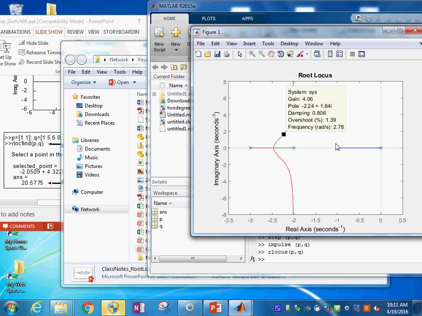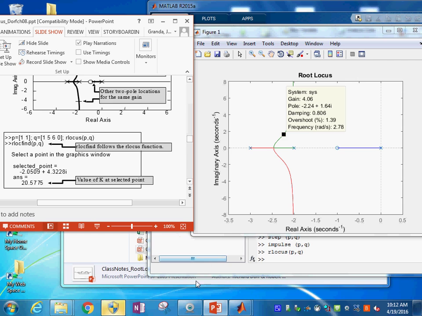So this is going to help you, and I encourage you to explore all the tools available in MATLAB to extract information from the root locus plot, because it has all this wonderful information for you, like the gain, where the poles are, the damping, the overshoot, everything. So I'm going to stop now, because that was the purpose, to be able to demonstrate what the root locus plot can do for you.